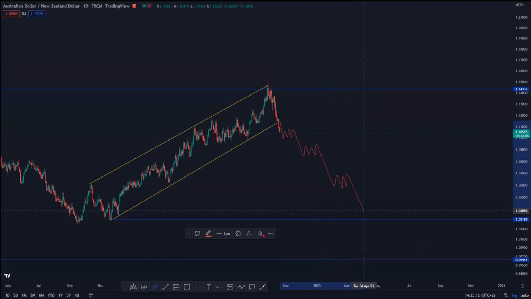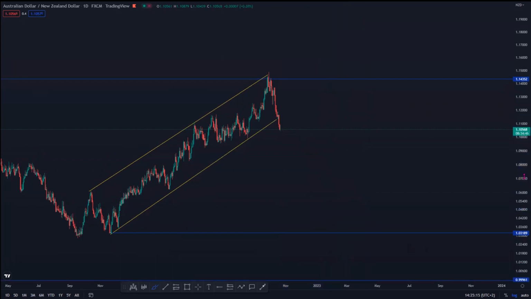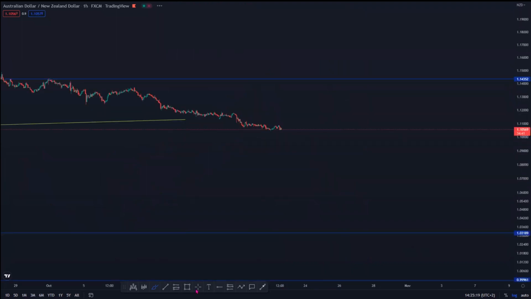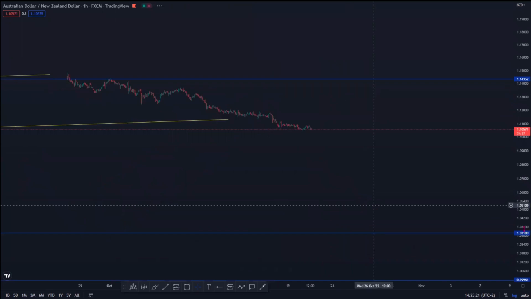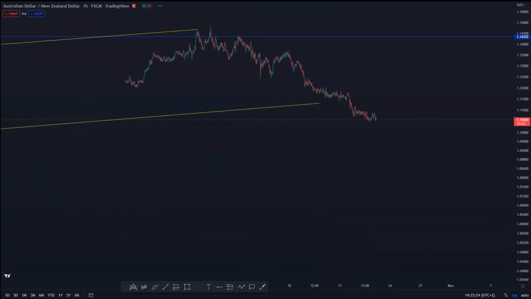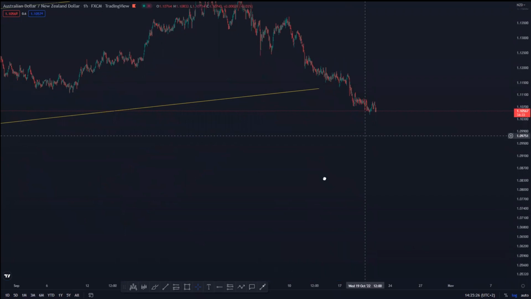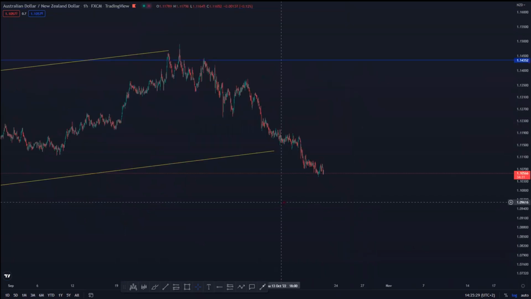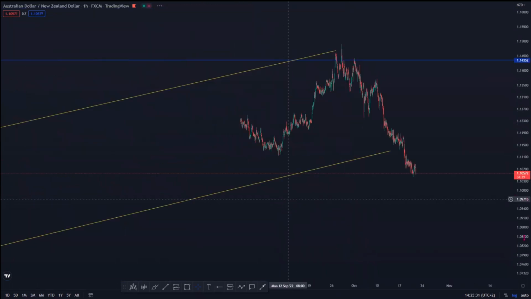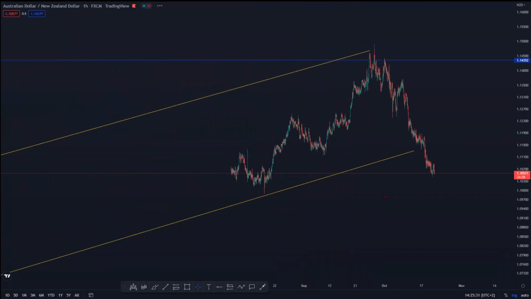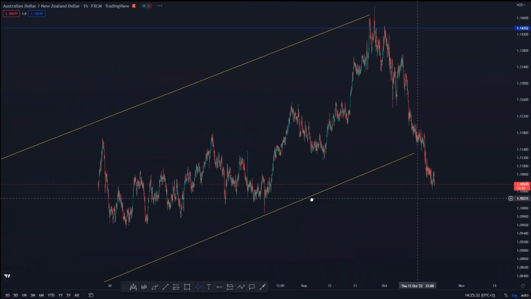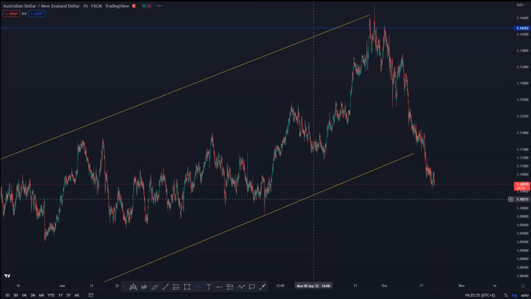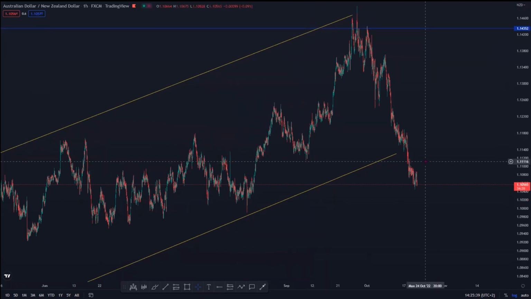So on this pair, on a lower time frame like the 1 hour, we have to keep on waiting for the market to give us clear corrections, so that we can find a proper continuation pattern, so that we are not confused. The aim is to know what you are doing and know what you are trading. So you just have to wait for the market to give us proper or bigger corrections.